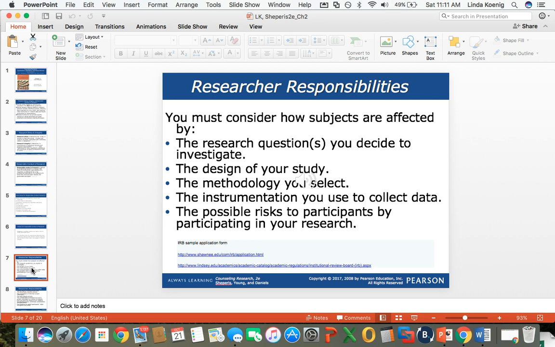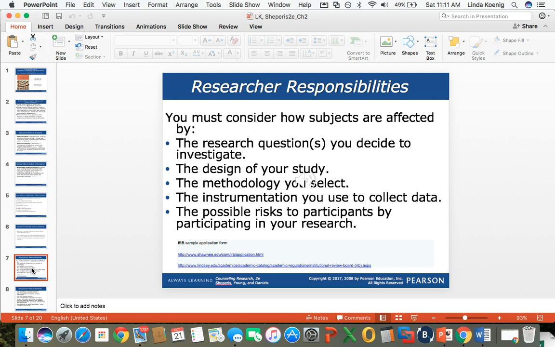We have to consider the design of our study. So if we're looking at being sexually assaulted as an undergraduate, the design of that study, we could do survey questions, we could do face-to-face interview, we could do a combination of those things. And those are just a couple of examples.